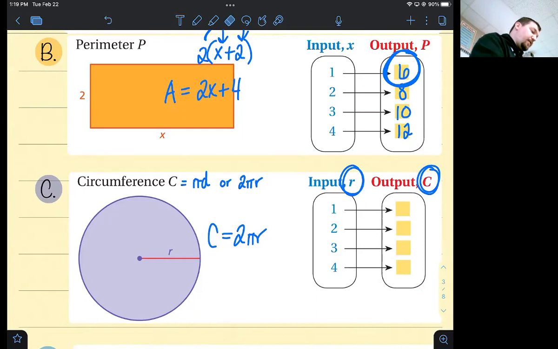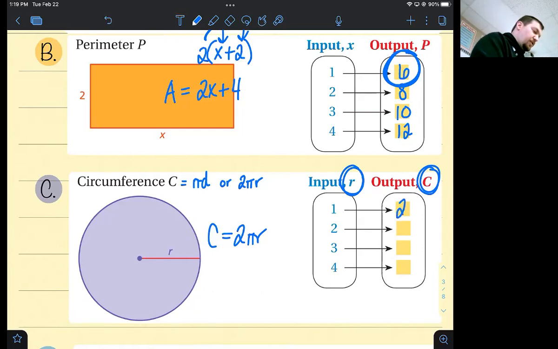When you plug in 1 for the radius, what's 1 times 2? 2 and then times pi? 6.28. But if we just leave it in terms of pi, you could just say 2 pi.